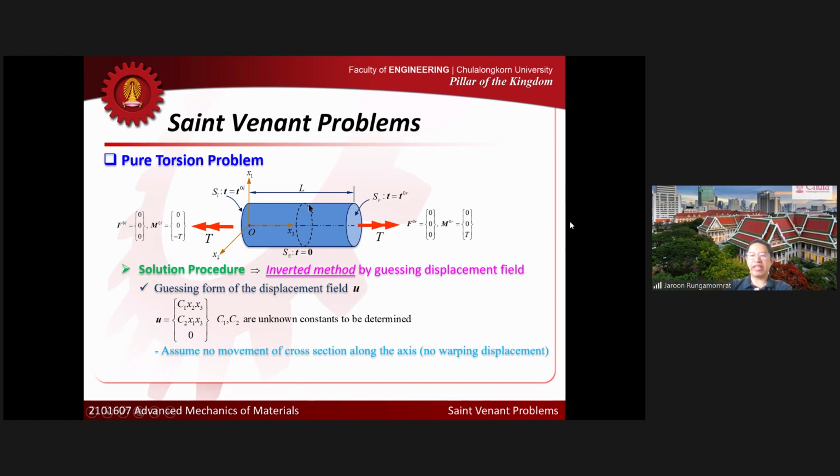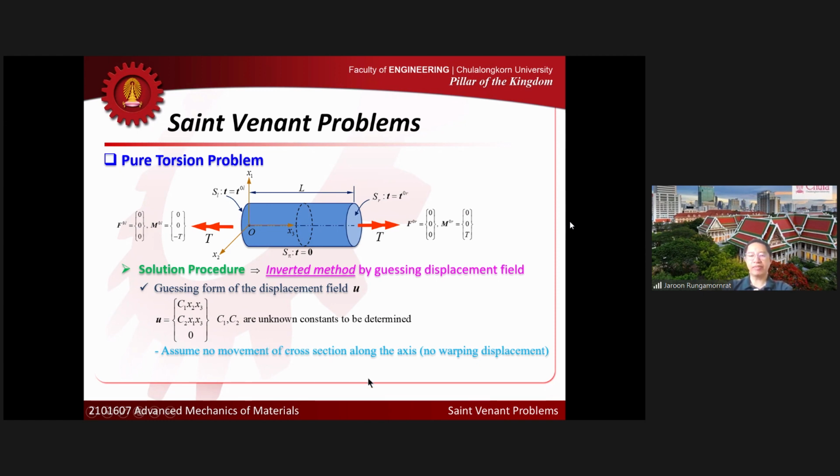Because of that, there shouldn't be any movement in the axial direction, because you see exactly the same thing when you make a cut. So I guess that the displacement U3 has to be 0. I will check later whether the assumption that I made here is correct, because at the end, if the displacement field that you guess can satisfy all the requirements, you can say that this is the right one.